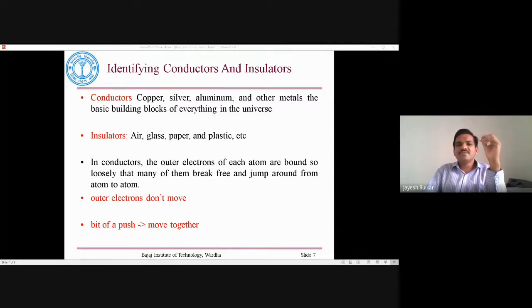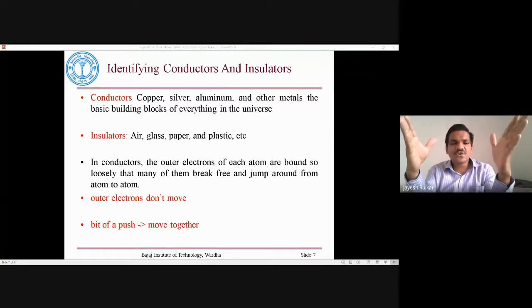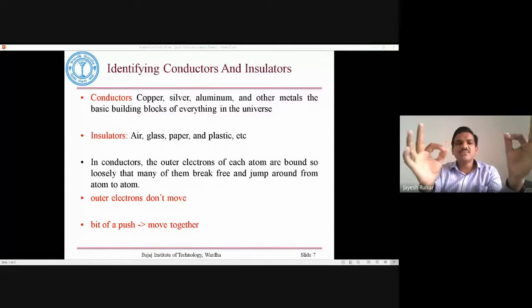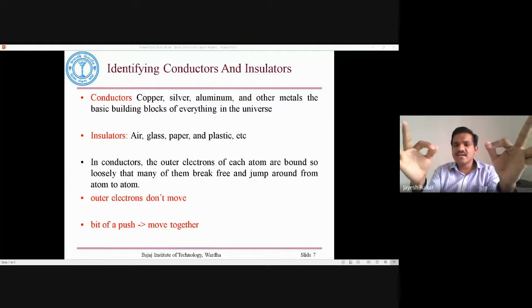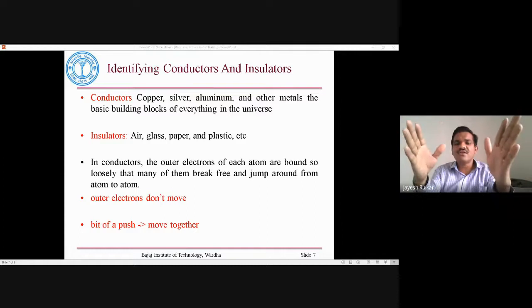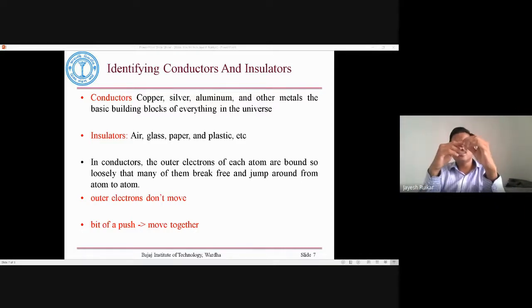And what about insulators? Insulators do not conduct. There is one more type of material, called a semiconductor, and we'll come back to that later. First we will see conductors and insulators. The materials containing loosely bound outer electrons are called electrical conductors, while the materials which tend to keep their electrons tightly bound to the nucleus are called electrical insulators.